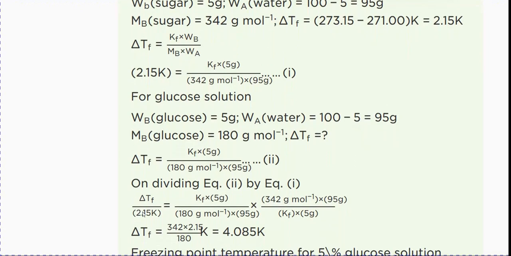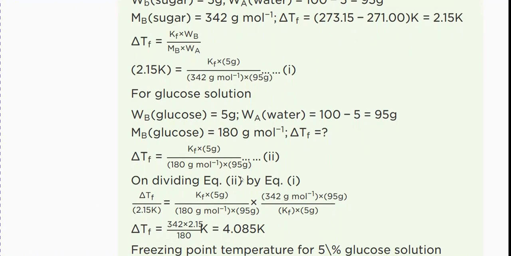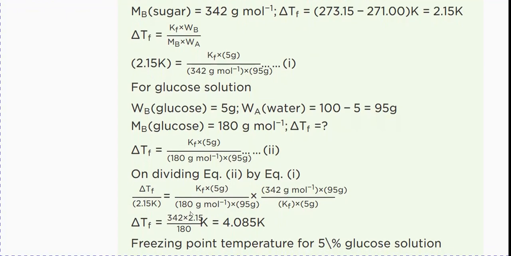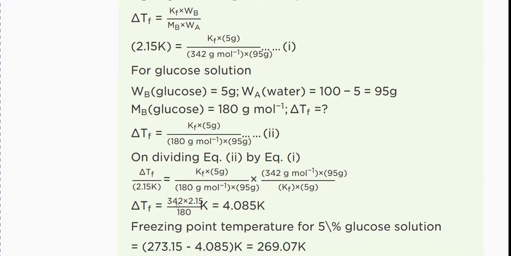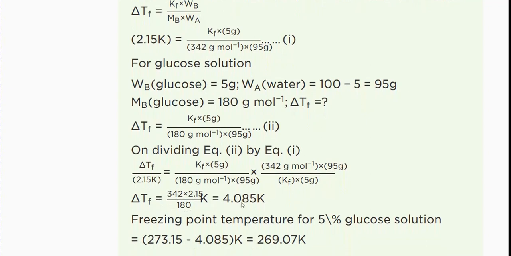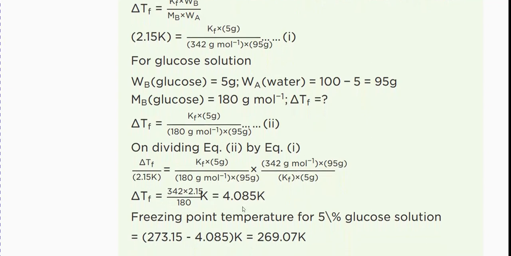So ΔTf by 2.15 is equal to Kf into 5 gram by 180 into 95, multiplied by the upside down of the other equation, 342 into 95 by Kf into 5 gram. So ΔTf is equal to 342 into 2.15 by 180, which is equal to 4.085 Kelvin we are getting.